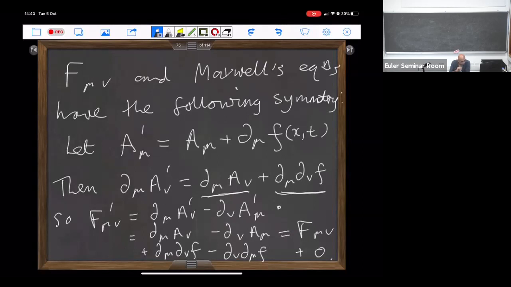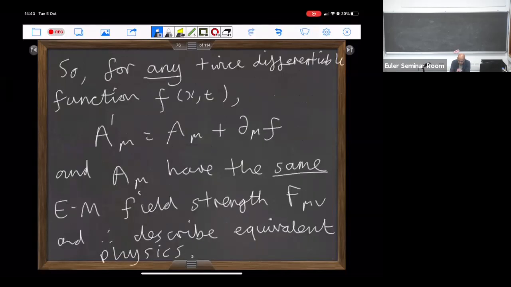Does anyone have any questions about this derivation? It's very important. So essentially, for any function that you can differentiate twice, that means an infinite dimensional space of functions, A mu prime and A mu give the same electromagnetic field strength, and therefore will describe equivalent physics.